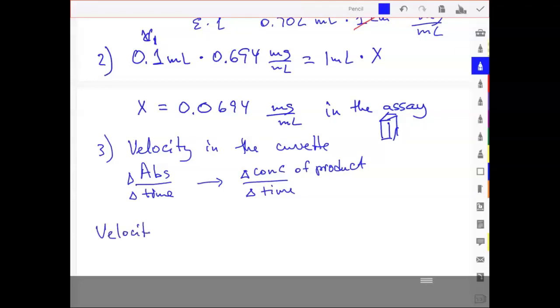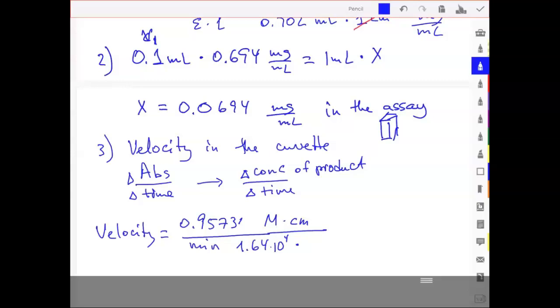Velocity equals, so we're going to start with the number we have, 0.9573 absorbance units per minute, right? And then we put the absorptivity of para-nitrophenol, 1.64 times 10 to the fourth, and this is in units of molarity to the -1 centimeter to the -1, so they go on top, right?